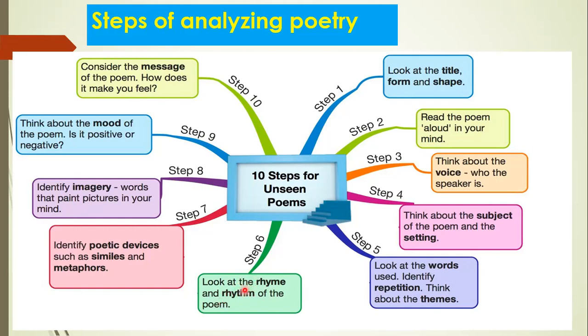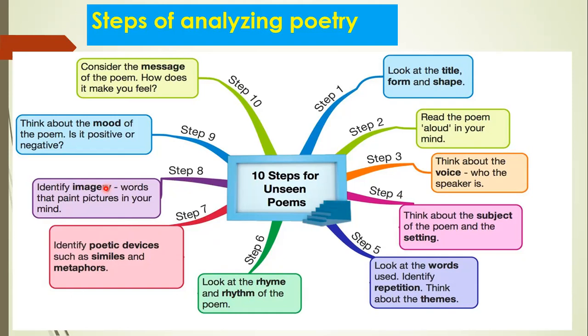And we know now what is rhythm and what is rhyme. Step number seven, we need to identify poetic devices, like similes and metaphors, allusion, and others.